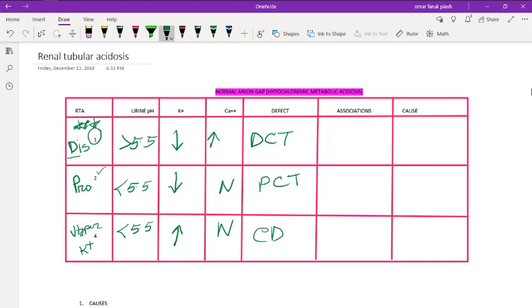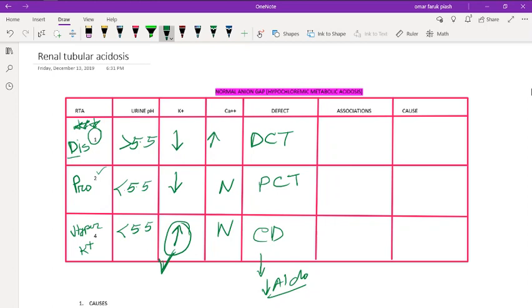In hyperkalemic tubular acidosis there is hypoaldosteronism. There is decreased aldosterone, and we know that aldosterone makes you retain sodium and excrete potassium. If there is low aldosterone, there is more potassium.